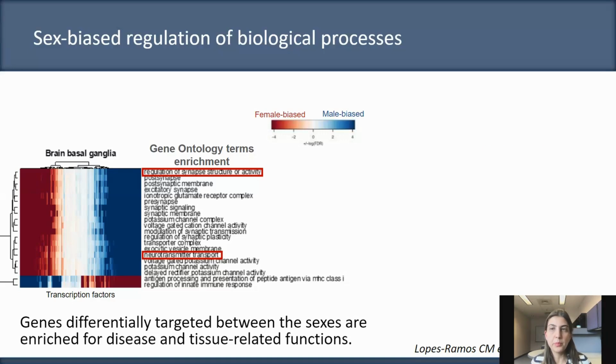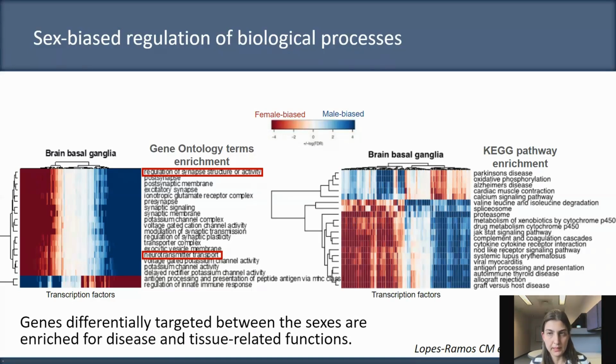When we performed a KEGG pathway enrichment analysis, we found that diseases such as Parkinson's and Alzheimer's are also being targeted by different sets of transcription factors in males and females. And these are diseases that are known to have sex-biased manifestations.